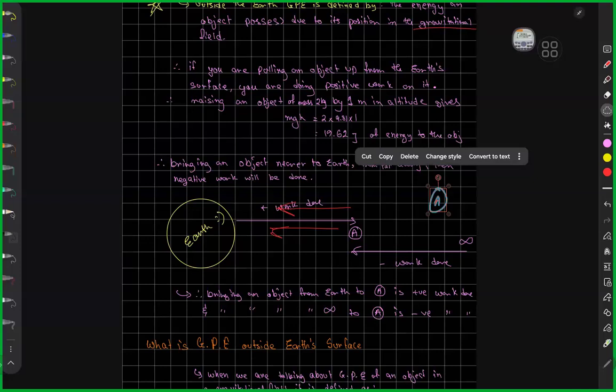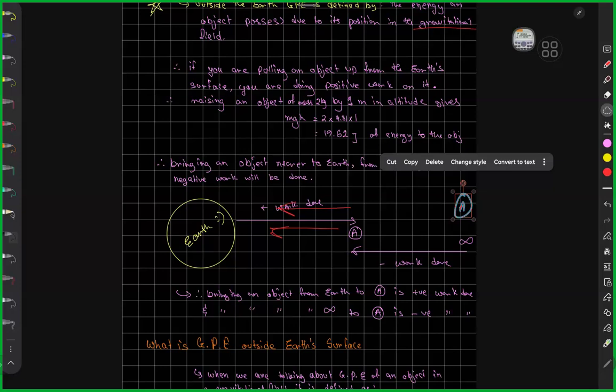I am doing the work. But you also know that at infinity, gravitational potential energy is zero. So what happened over here? I increased my energy and A has zero potential energy at infinity. The answer over here is by maths.